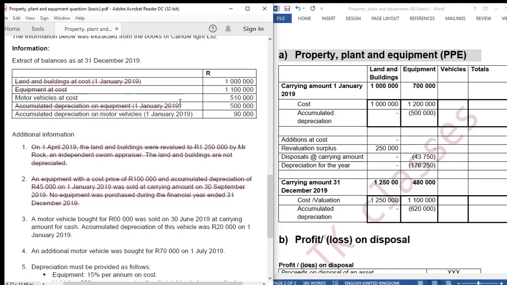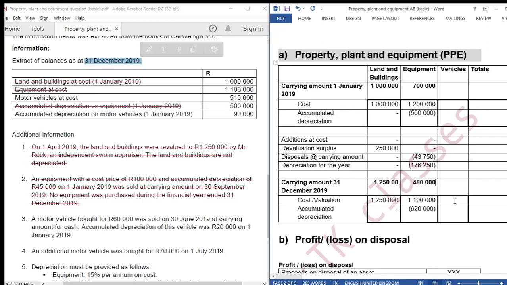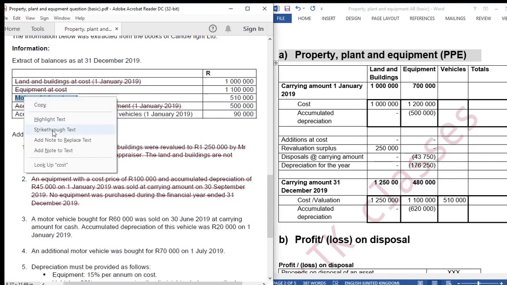Motor vehicles at cost 510,000. We don't have a debt here, which means we are using this debt. Motor vehicles at cost on 31 December 2019, that's 510,000. All right.